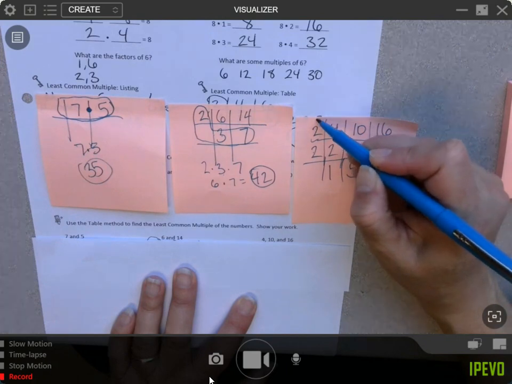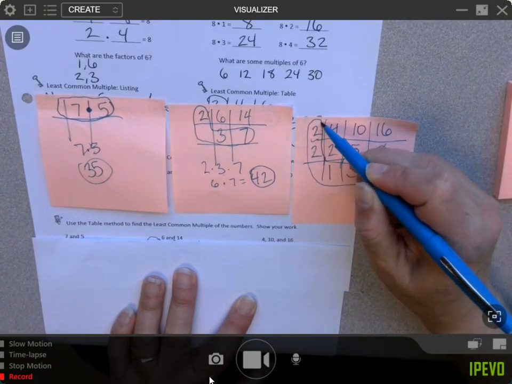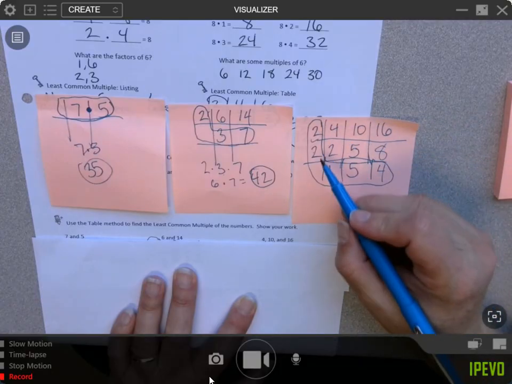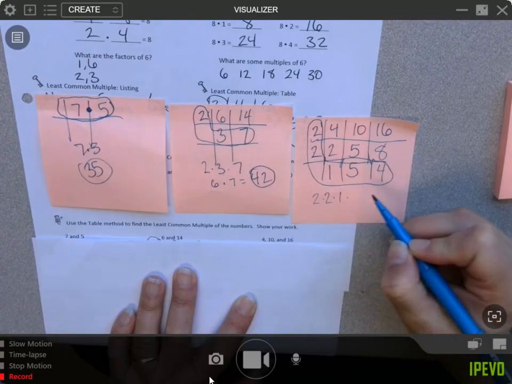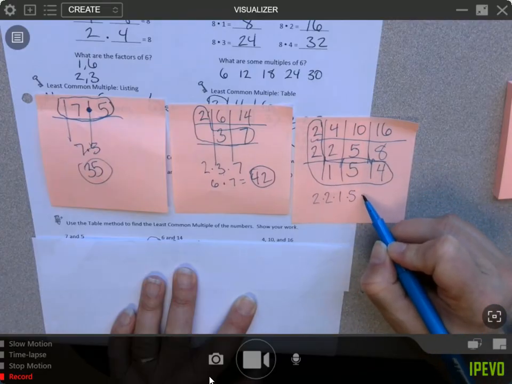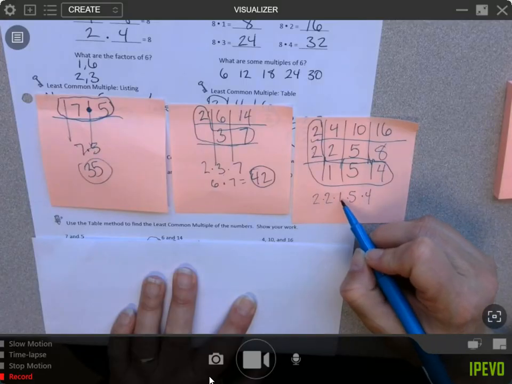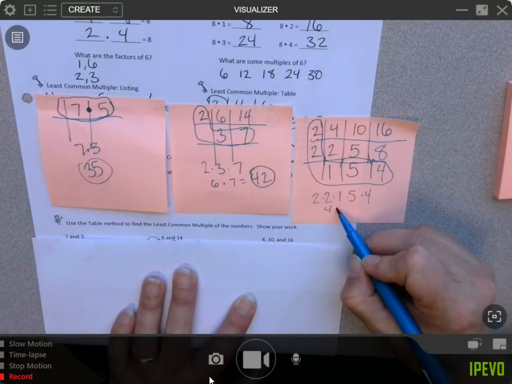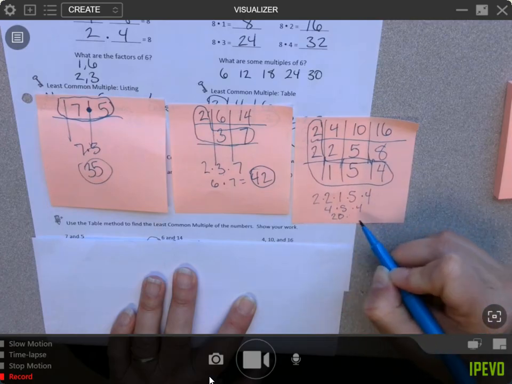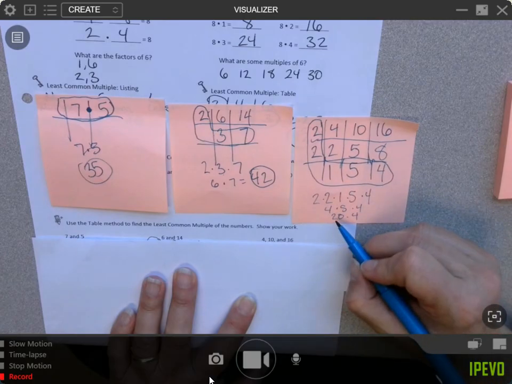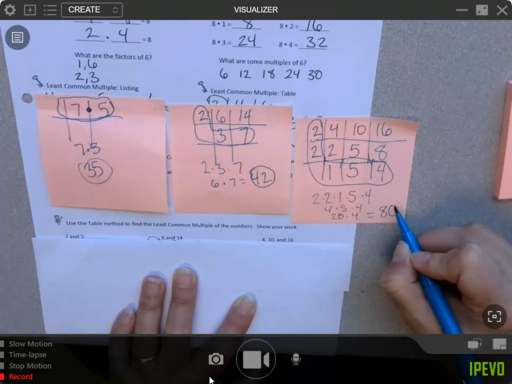So I'm going to make my L. And I'm going to say 2 times 2 times 1 times 5 times 4. So 2 times 2 times 1 is going to be 4 times 5 times 4. 4 times 5 is 20 times 4. 20 times 4 equals 80.